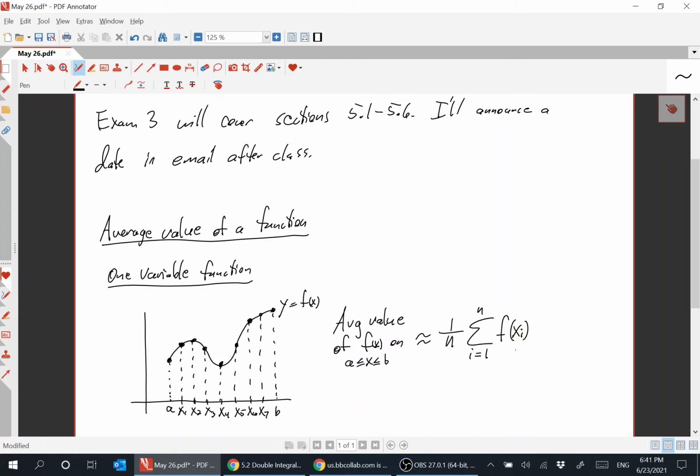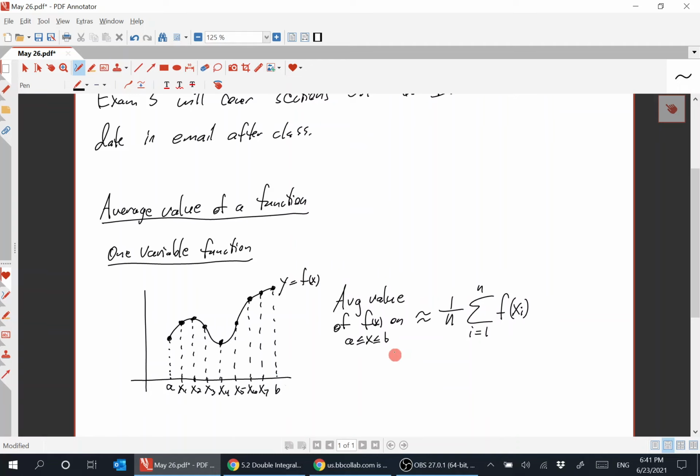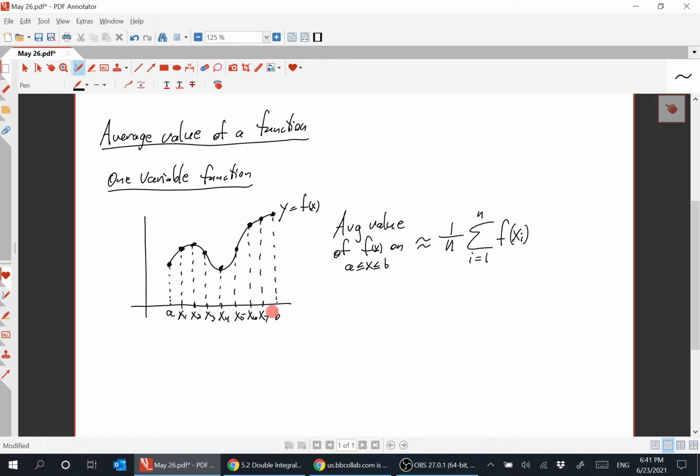That's what an average is, or a mean in statistics lingo. So the average value of a function is 1 over n times the sum of these n values of the function, nicely evenly spaced along the curve, width-wise.